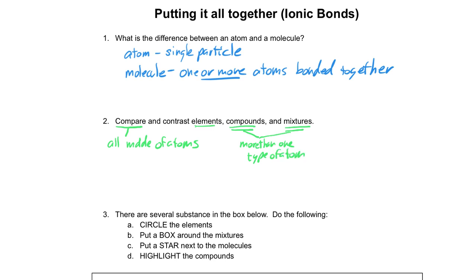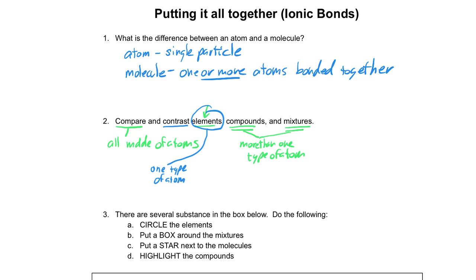Elements, you can have more than one atom, but they have to be of the same type. So here's where the contrast is going to come in. An element is only made up of one type of atom. Okay, one type of atom.